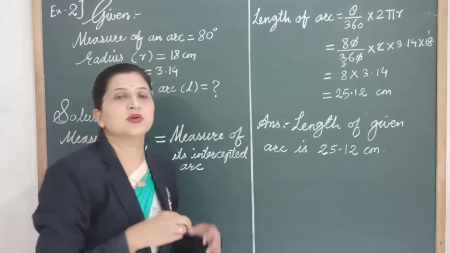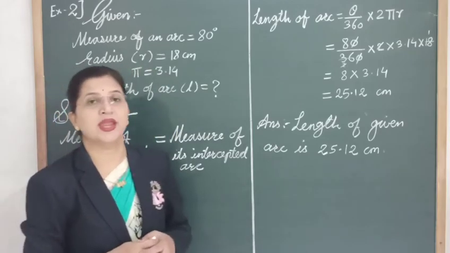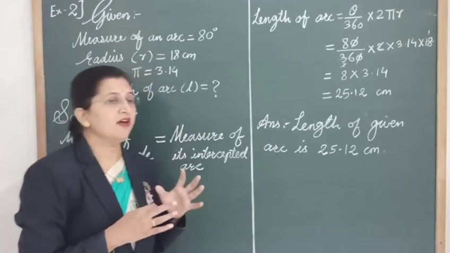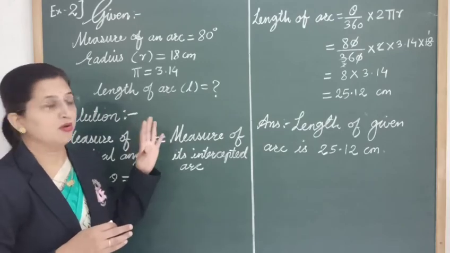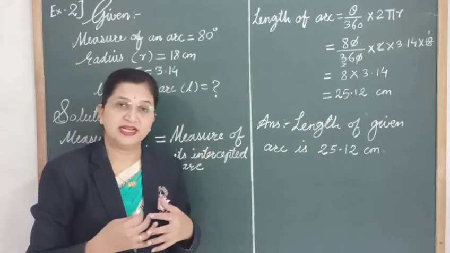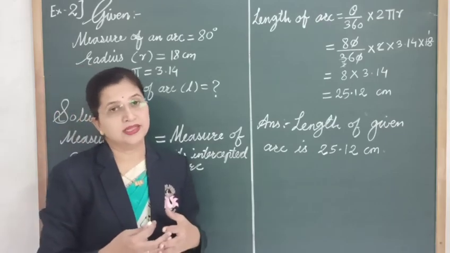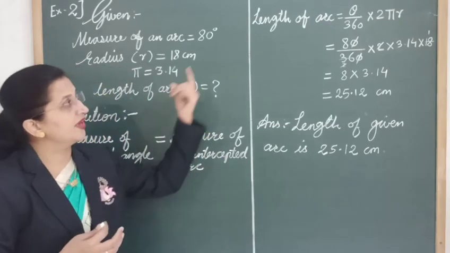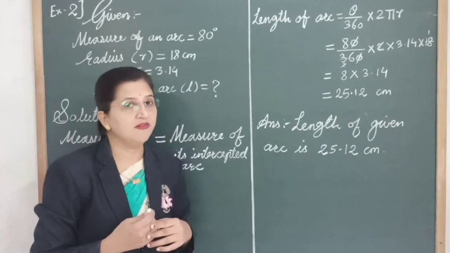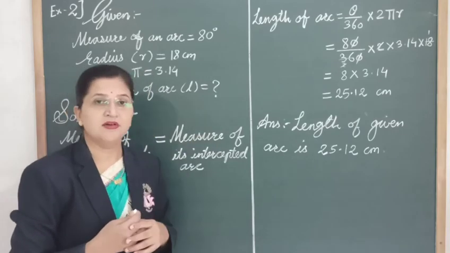Okay, so yes students, in this way, if the measure of the central angle or the measure of its intersected arc and the radius are given, then by using these values we can find the length of the arc by using the formula.